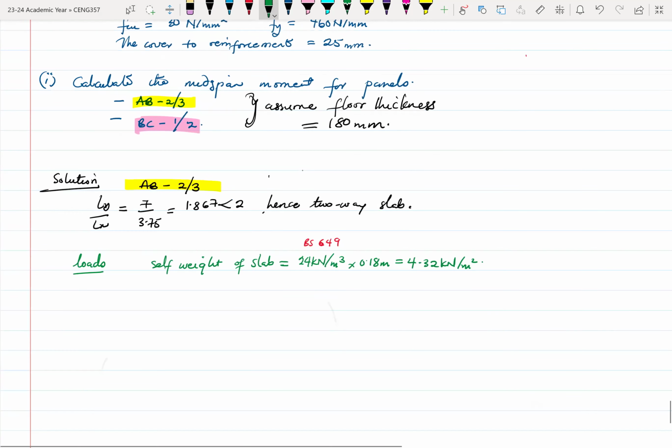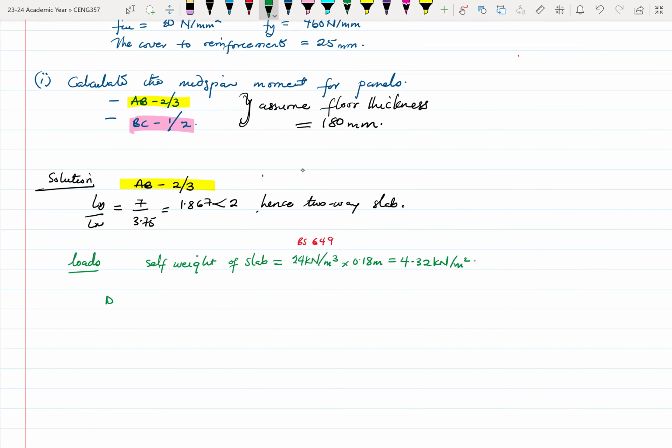Our total dead load will be that of the finishes and ceilings, 1.25, plus the 4.32, which gives 5.57 kilonewtons per meter squared.